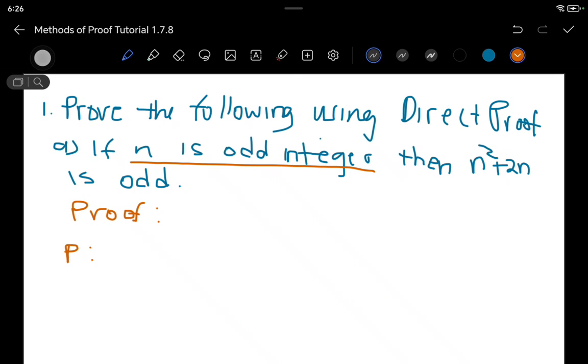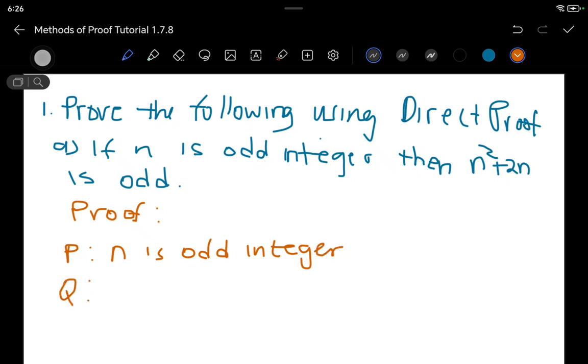So here we have to always assign the statement that comes in between if and then to P. So we're going to assign that to P. We're going to say that n is odd integer. And then Q will always be the statement that comes after then. Is this one. They say n squared plus 2n is odd. They didn't tell us odd what, but we must write odd integer.